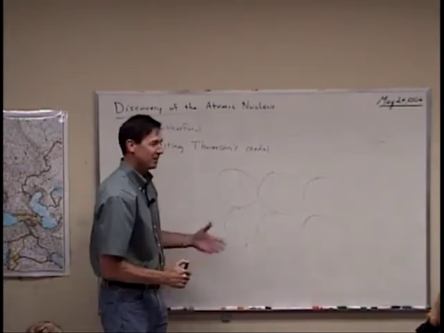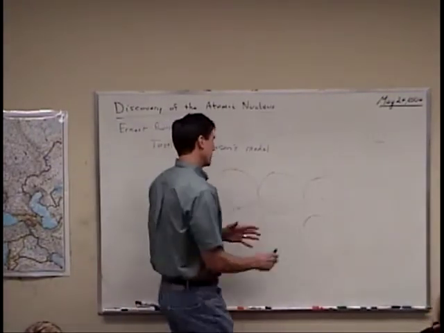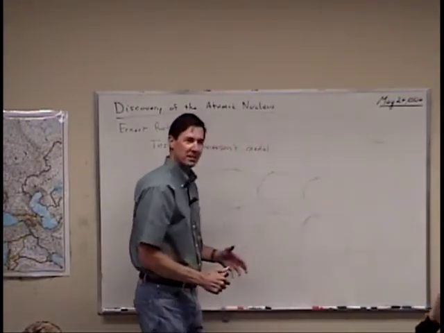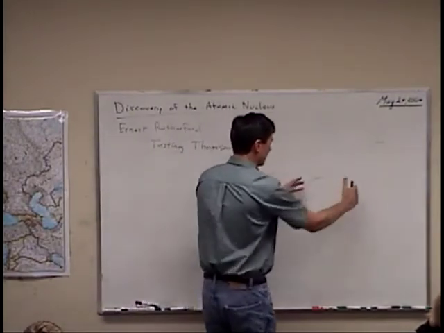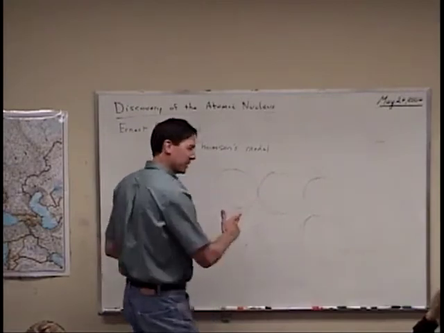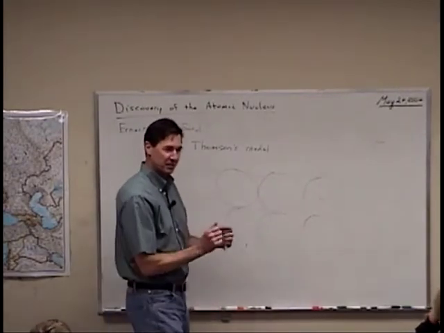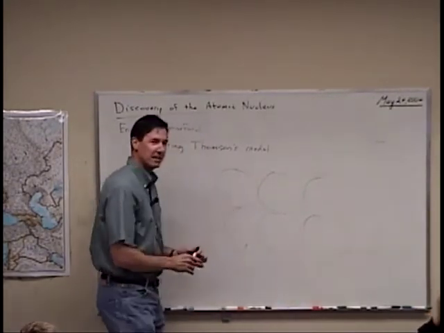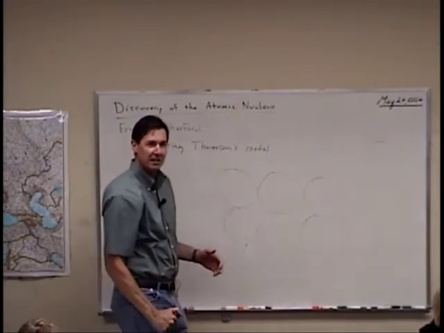This is the equivalent of our atoms, okay? But the positive stuff in these atoms is spread out over the whole size of the atom. Now you throw something at it. So it's like a baseball you're throwing at a whole bunch of these big cakes.